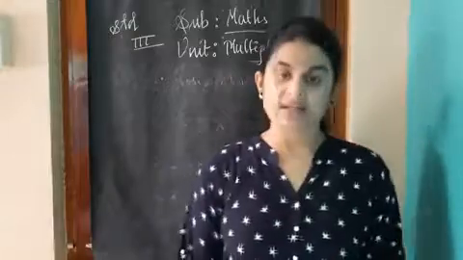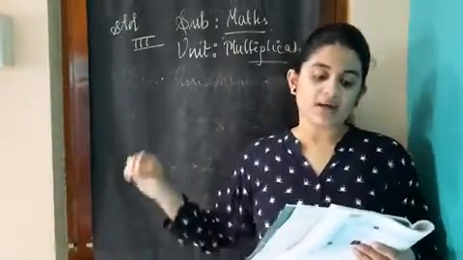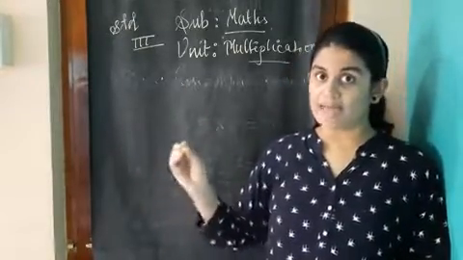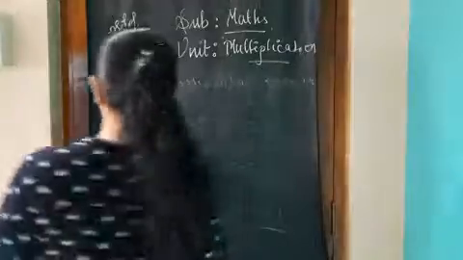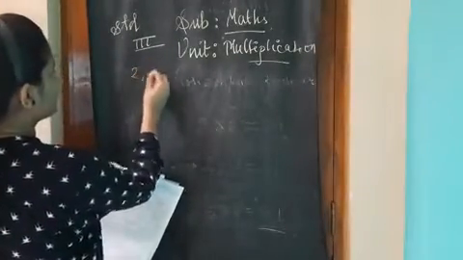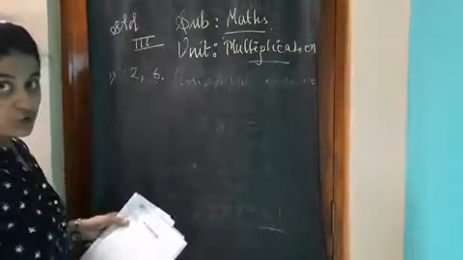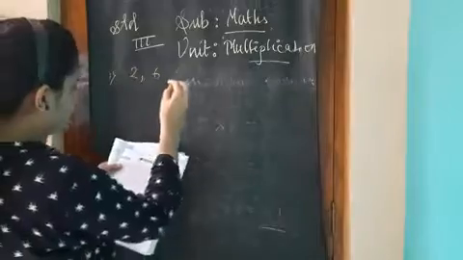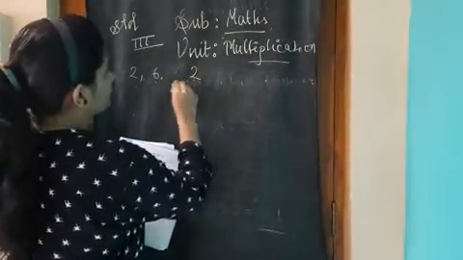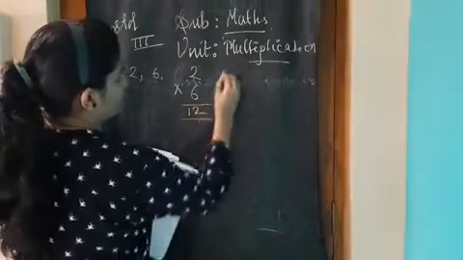So students, till now we saw how to write a table in vertical manner as well as horizontal manner, right? For example, this is our number 2 and 6. If I want to write this in vertical manner, I will write 2 into 6, that is 12.